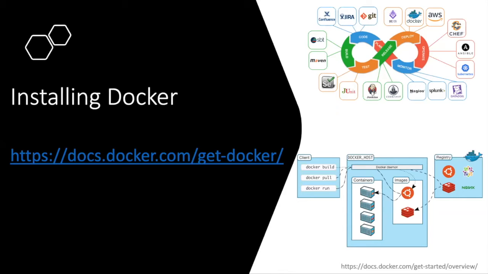It's pretty straightforward. It doesn't need any special settings to be enabled. Again, it's a very lightweight container, and you can easily install Docker. The link is there on the screen here. Once this presentation pack is shared, you could try visiting this link and installing Docker on your machine.